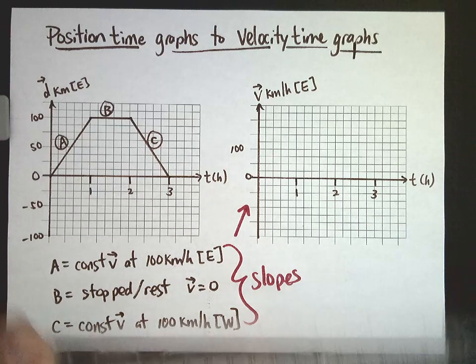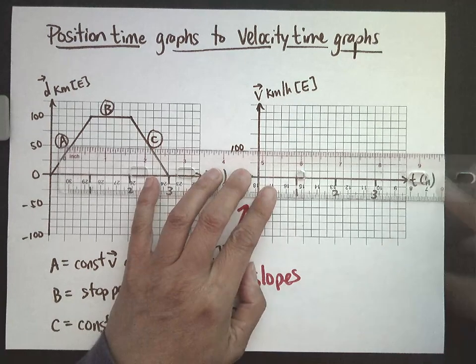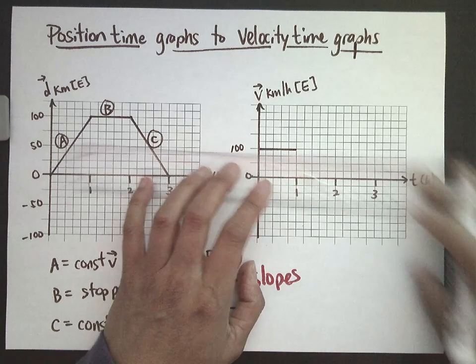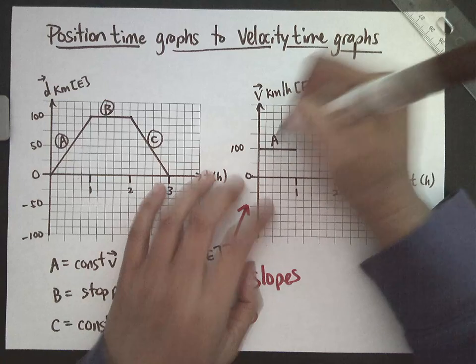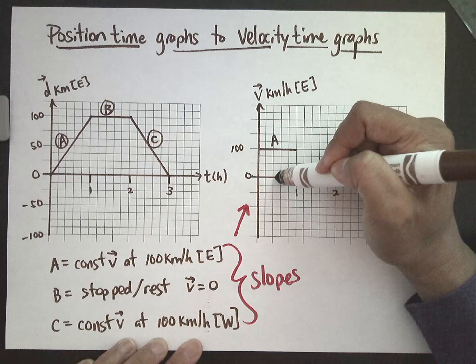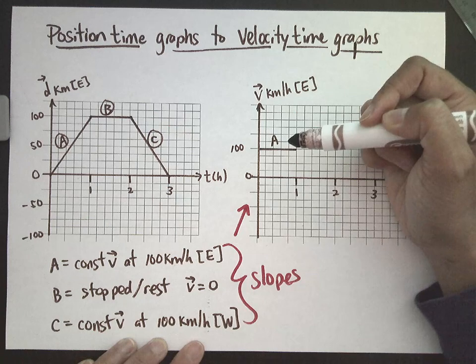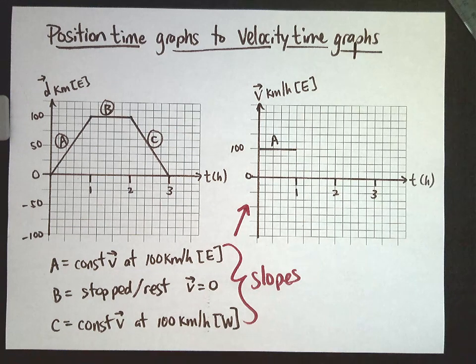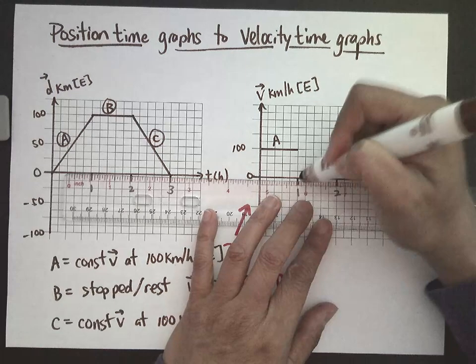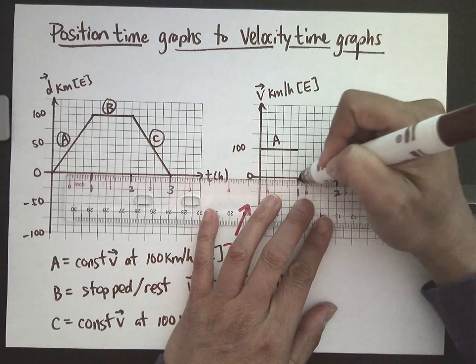It's the same speed for the first hour. So therefore, this is going to be the same speed all the way for the first hour, like so. So in other words, if it's a half an hour, it's still going at 100 kilometers per hour east. Remember, we are plotting speed or velocity in this case. Then it's at rest for the second hour.